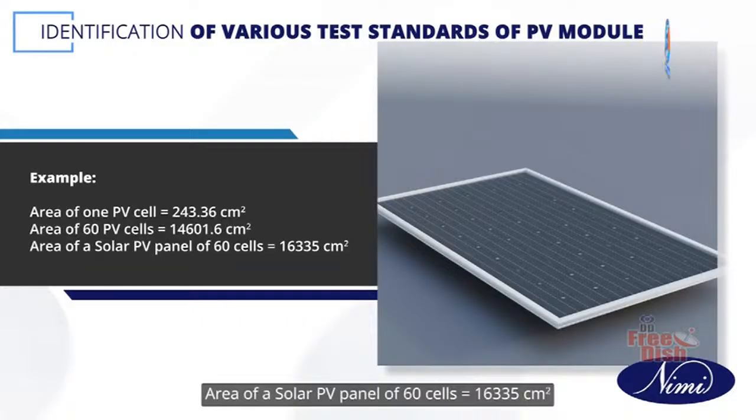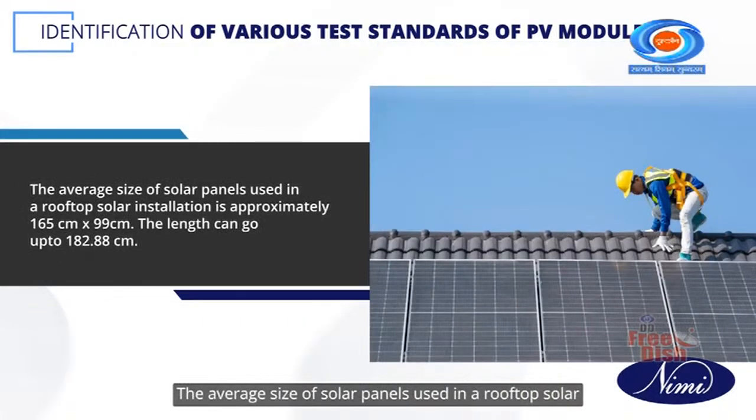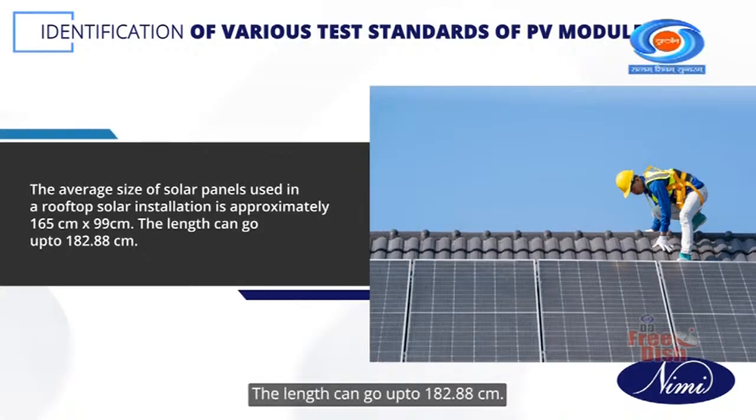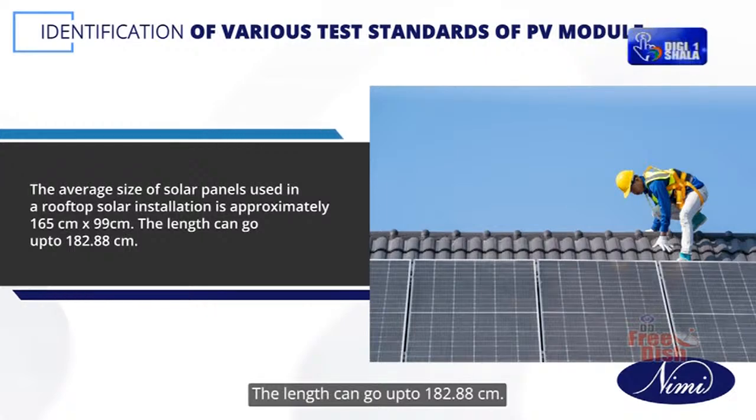16,335 cm square. The average size of solar panels used in a rooftop solar installation is approximately 165 cm times 99 cm. The length can go up to 182.88 cm.